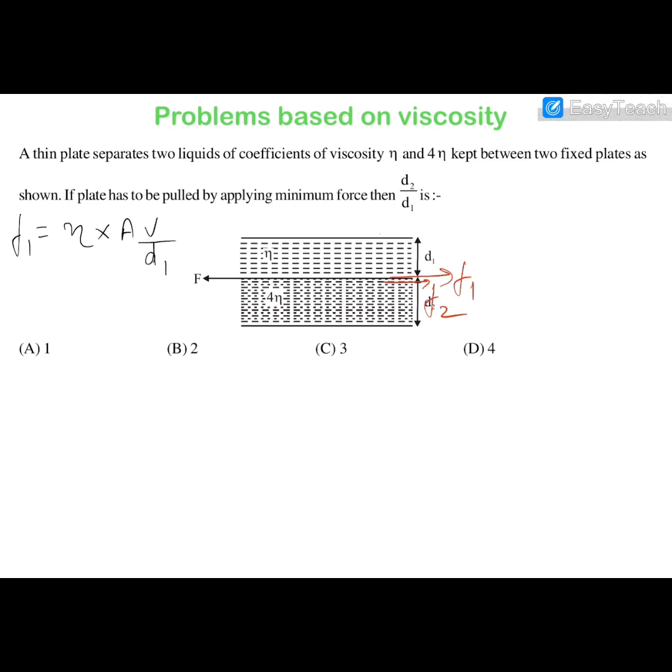So this is eta A dv by dz, and similarly F2 will be equal to 4 eta A into velocity v, and this is d2.